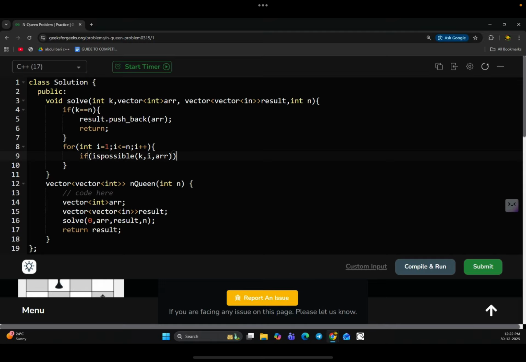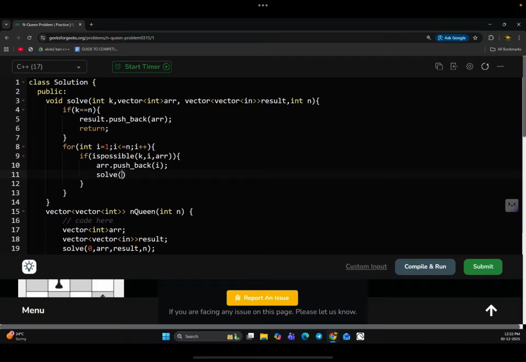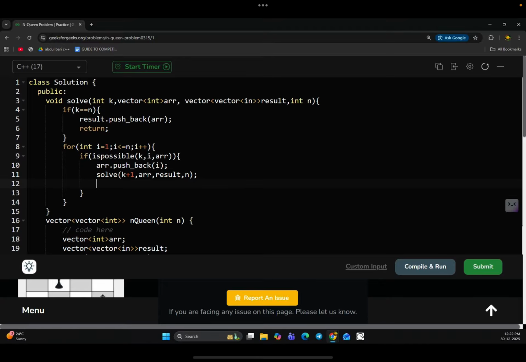If it is possible, then array dot push back i, and solve for the next queen, which is k plus 1, array, result and n. And then array dot pop back. Yeah, this much should be there.